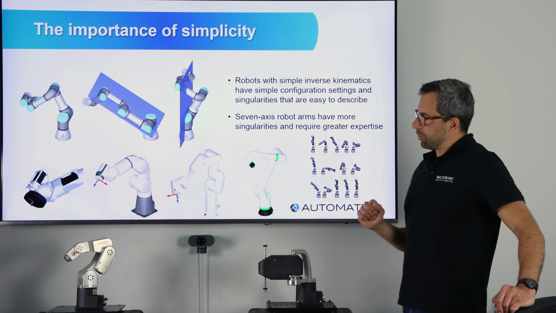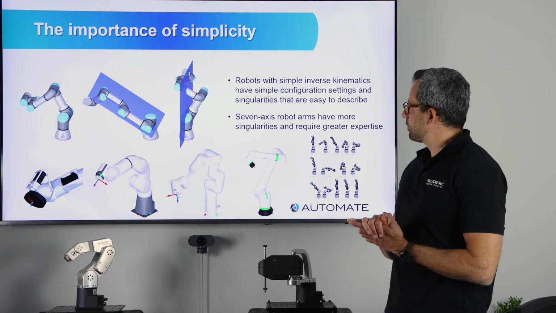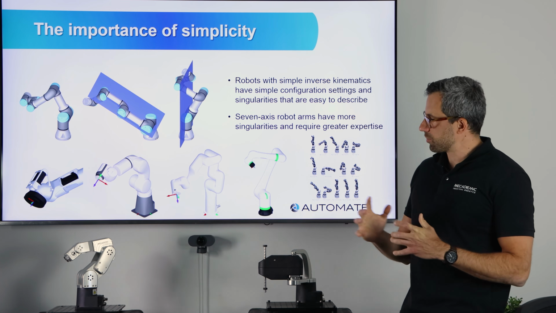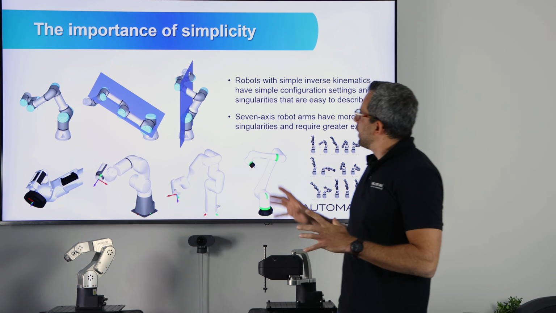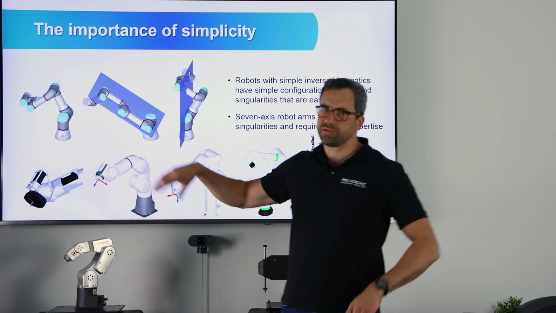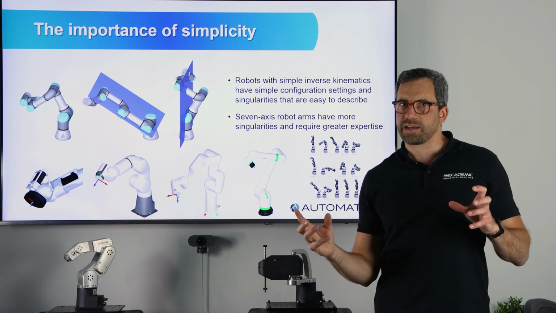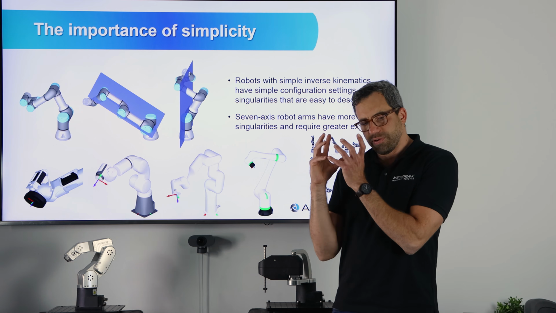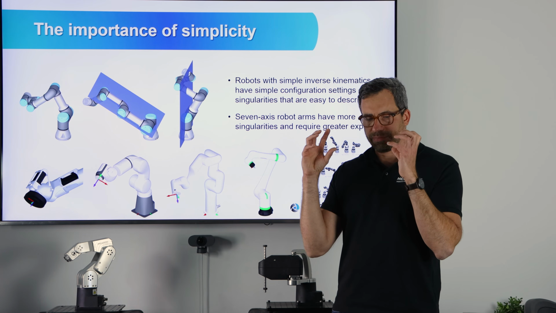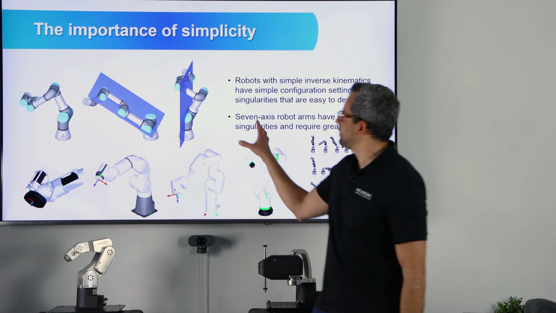Simplicity is very important. I don't want to trash talk industrial robots, but I'm also a researcher, so it's kind of difficult. Most collaborative robots, like Universal Robots, seem like a very special architecture, but it's actually a very good architecture, which has an analytic solution of the inverse kinematics, and the singularities.